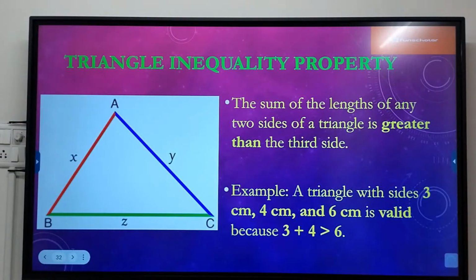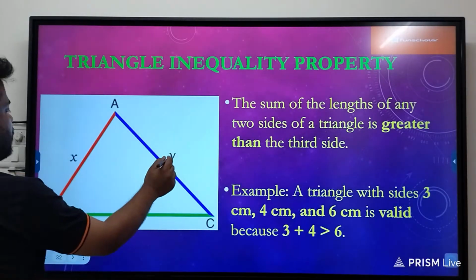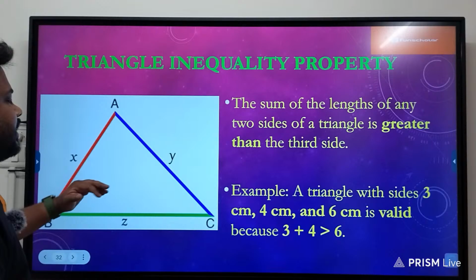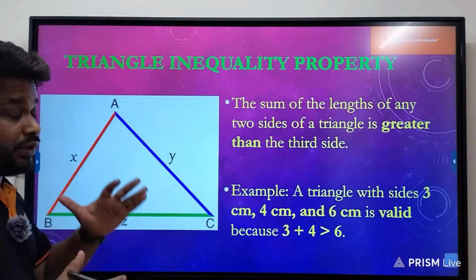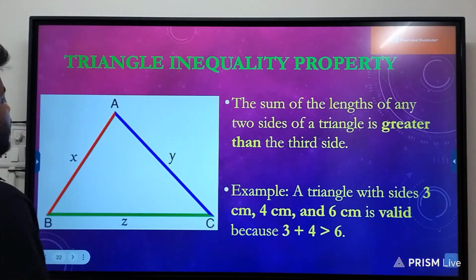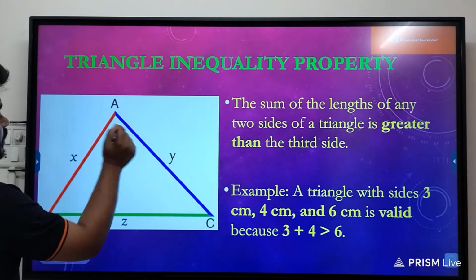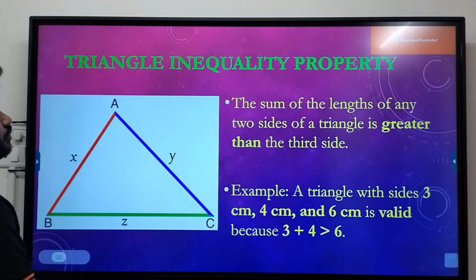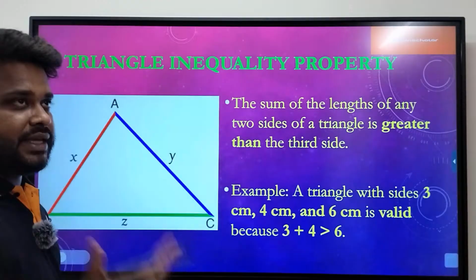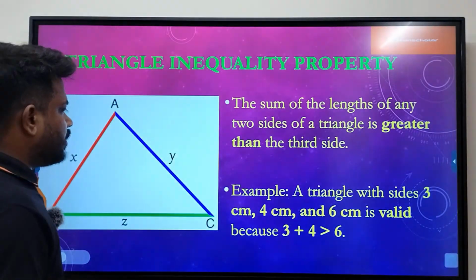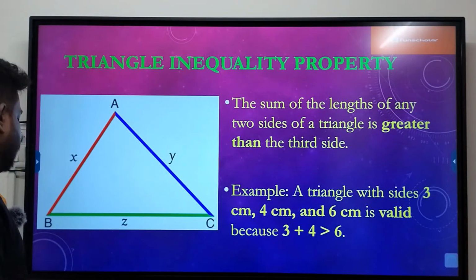The sum of the lengths of any two sides should be greater than the third, not equal to it. If two sides are 2 and 3, the third has to be less than 5.